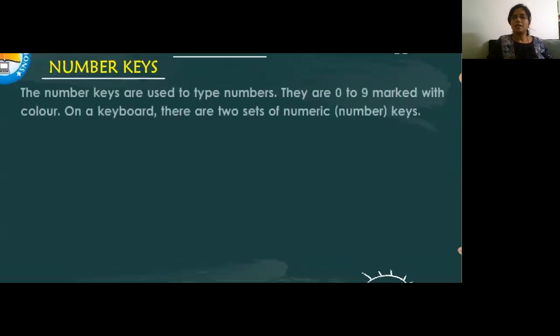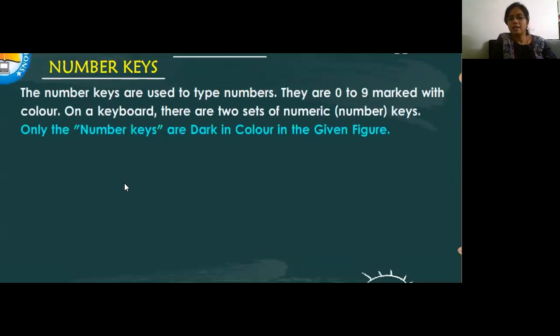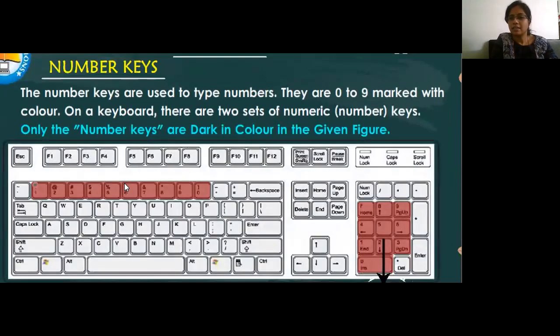Today we are going to see about number keys. Children, see, this is a keyboard, correct? You can see here the QWERTY keyboard. About that, we have different number keys. Yes, I had already told in the last class about this.